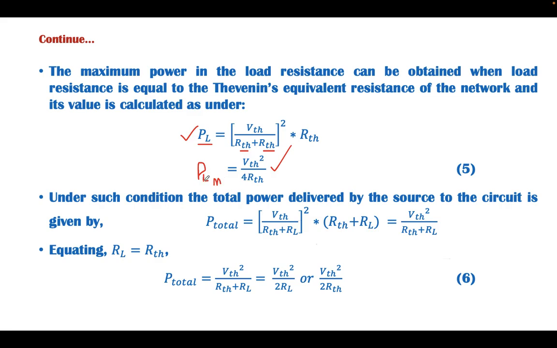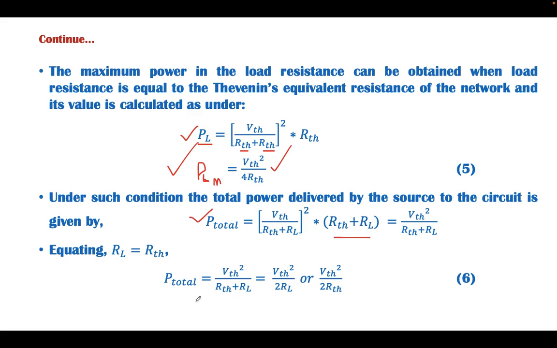Earlier it was simply the power across the load, but if the condition is imposed, then it will become the maximum power that can be delivered to the load by an equivalent circuit. Under such a condition, the total power delivered by the source to the circuit is given by P total equals VTH square into the resistance of the circuit, which is RTH plus RL.